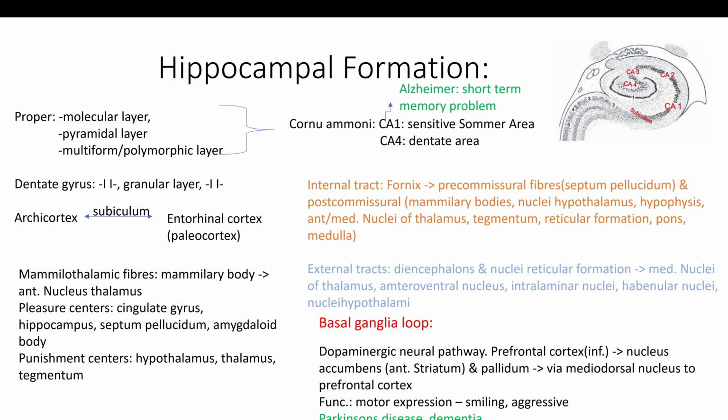The standard tract connects the limbic lobe with the diencephalon and nuclei of the reticular formation, passing from the medial nuclei of the thalamus, anterior ventral nucleus of thalamus, intralaminar nuclei of thalamus, and nuclei of hypothalamus, with connections to the frontal lobe.